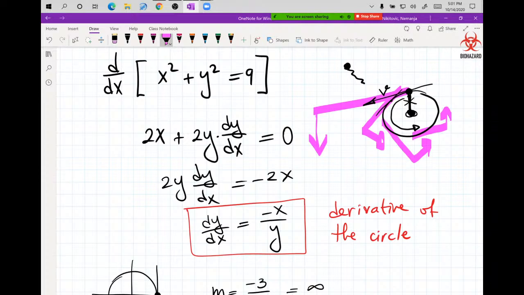As much as the speed wants to go tangentially out and away from the sun, the gravitational pull between Earth and the sun pulls it back in, and it ends up being, I don't want to say never-ending because it's not, but say never-ending circular motion.